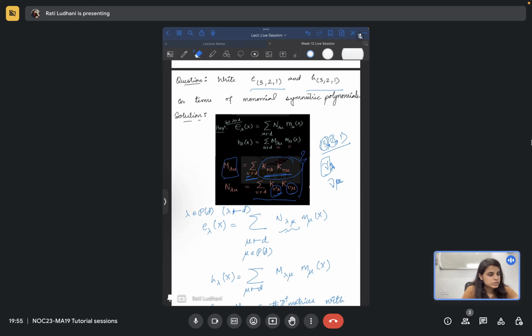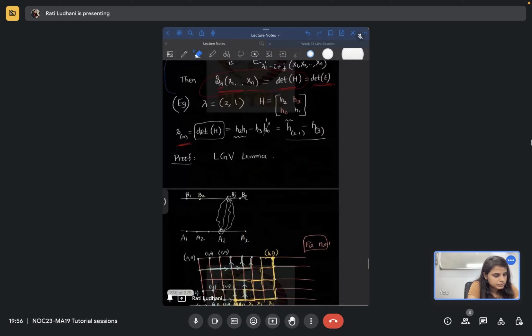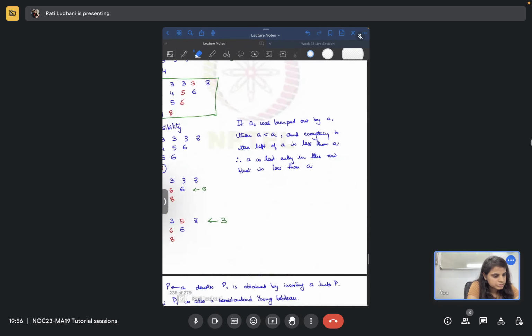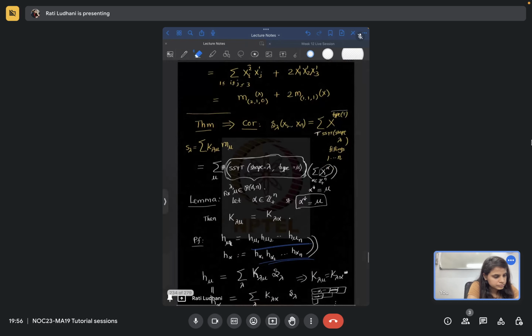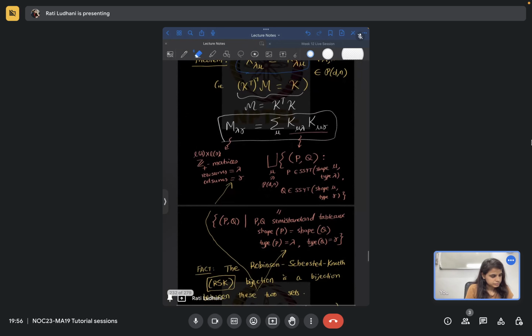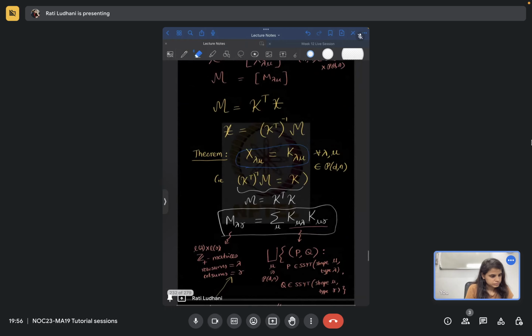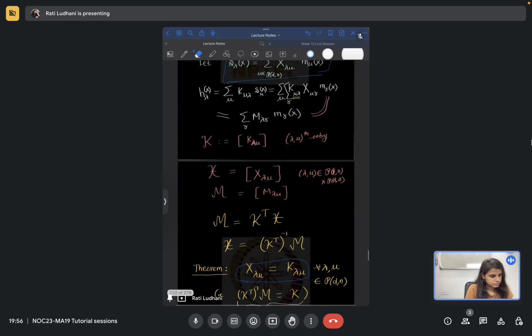This is related to Kostka, so I forgot. I can actually check. I think it was defined earlier itself. It is lambda dash. It's not the inverse.